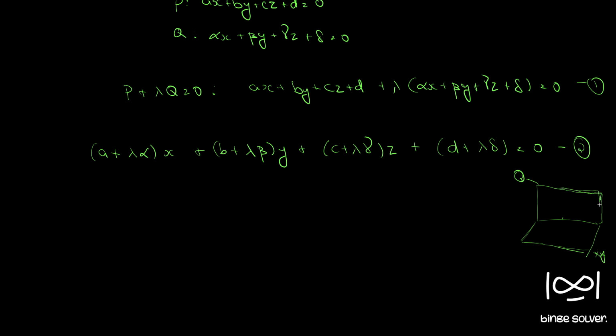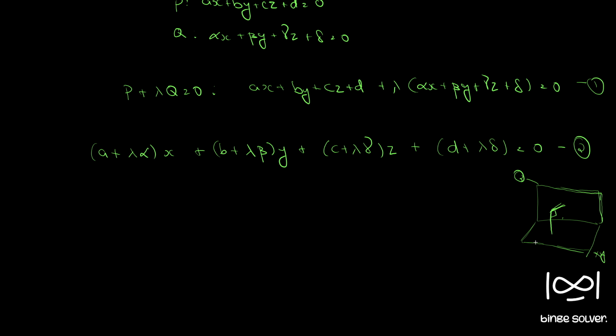We have plane 2 like this. Now as you can see, if you draw a normal to plane 2 and a normal to the xy plane, the normals will be perpendicular.